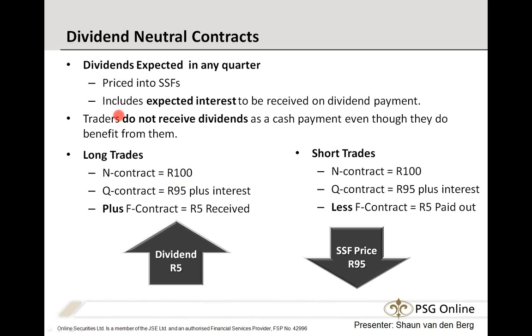If I am long, I receive the dividend. So the 5 rand plus the 95 rand makes up the end contract. If I'm short, I pay out the dividend. The idea with dividend neutral contracts is that it's automatically priced into single stock futures, and obviously any interest will also be accrued to that dividend payment. The main important thing you must understand is that you actually do not receive the dividend. It reflects on your portfolio, but you don't actually receive it. As I say, it's dividend neutral.